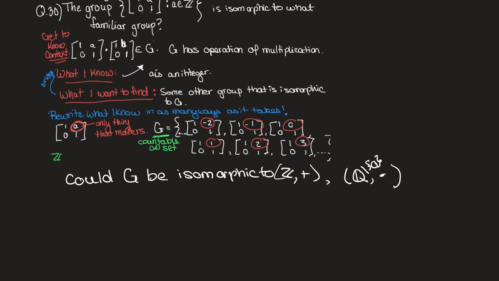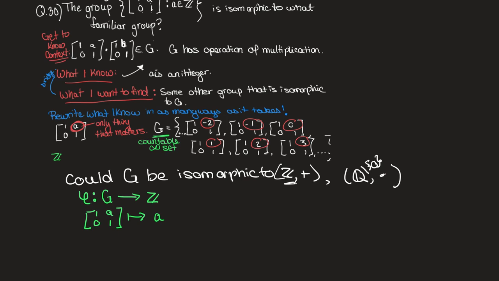So which one is going to work here? I guess it's going to be easiest to have a map to Z, so let's try that one first. If I have a map from G to Z, it would take the matrix [1, 0; A, 1] to A. To be an isomorphism, it has to respect the operation.